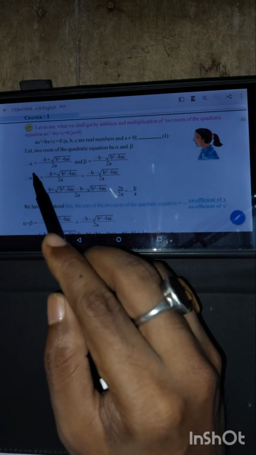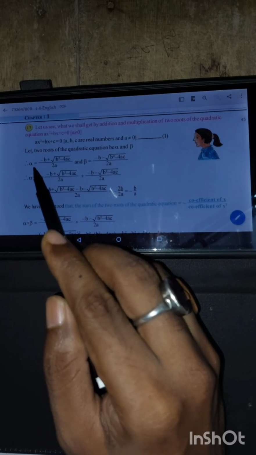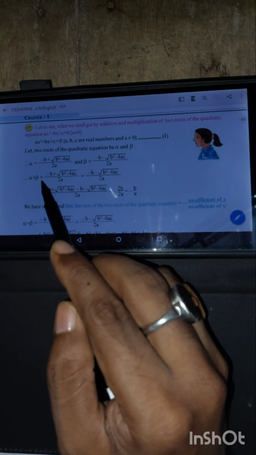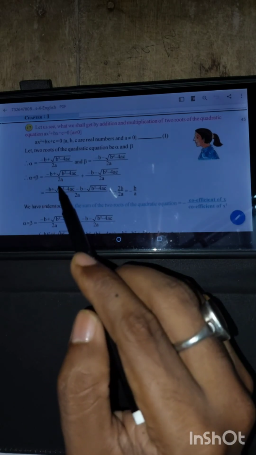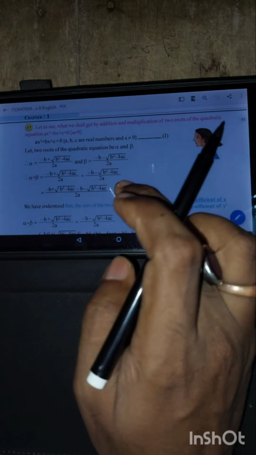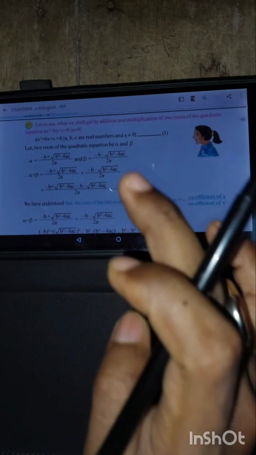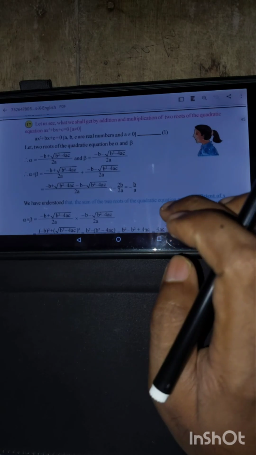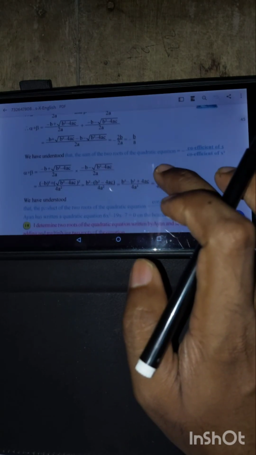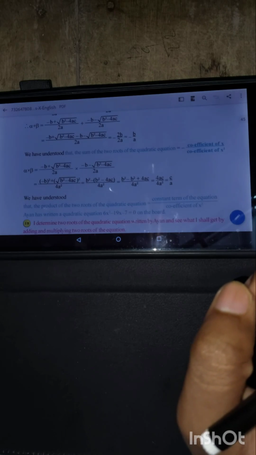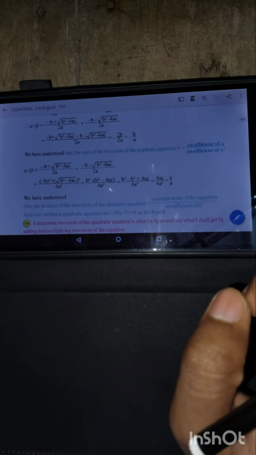We name one root alpha and the other root beta, and if we add these two roots, we get minus b by a. And if we find the product of two roots, we get c by a. So this is important information.